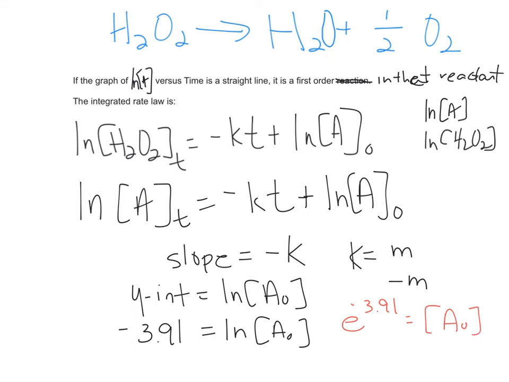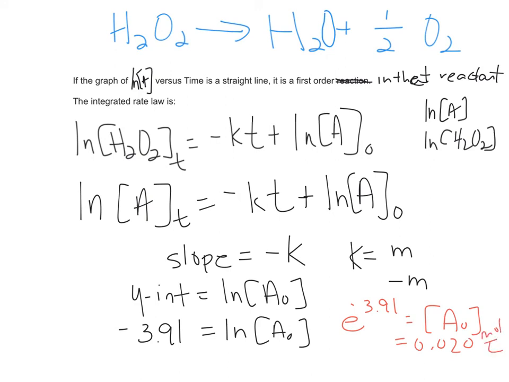So on your calculator, if you hit second and ln, that gives you e to the x, and in the little flashing box you type minus 3.91 and hit enter, you will get the initial concentration. Nope, it is right. So e to minus 3.91 is equal to the initial concentration, which is 0.020 moles per liter.